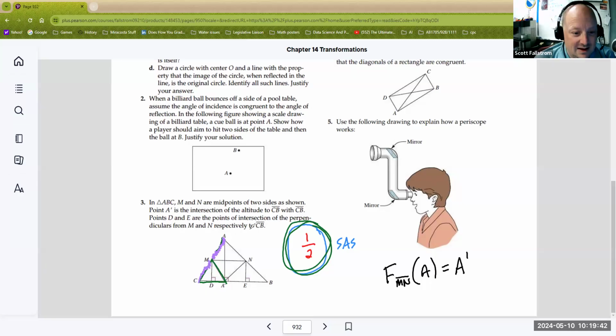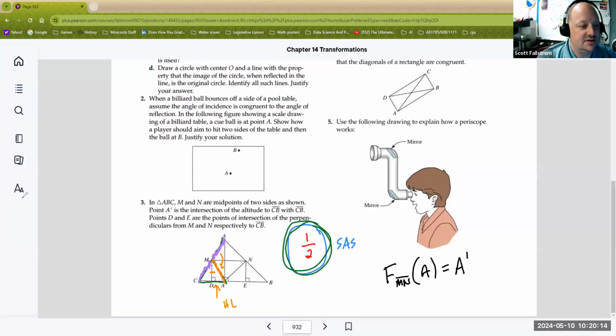And these are intersections of the perpendiculars from M and N. So when you reflect MN over, the purple line you had up on top becomes this line right here. It flipped over. So I have a right angle, I have a leg that's the same, that's the middle, and then I have the hypotenuse. So we have hypotenuse leg.